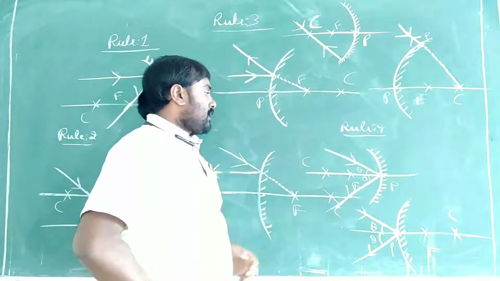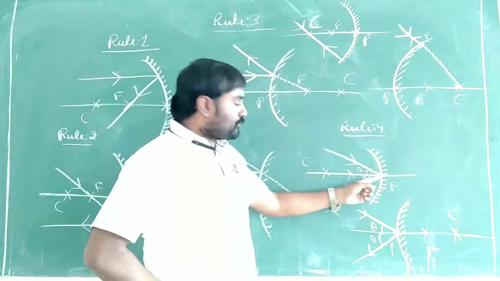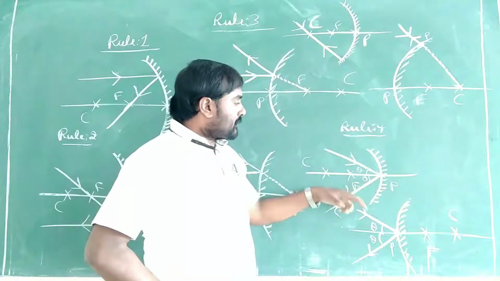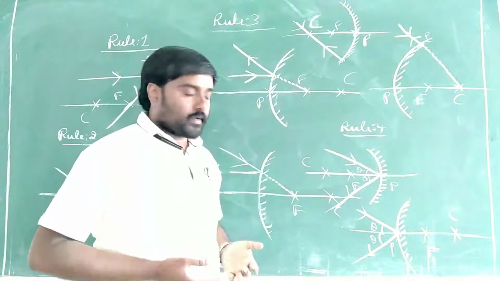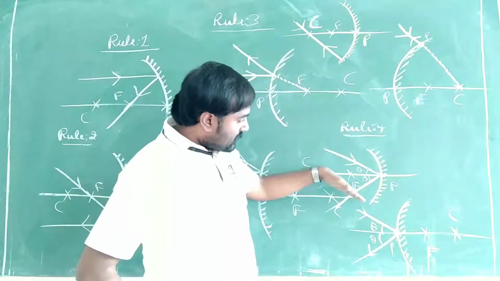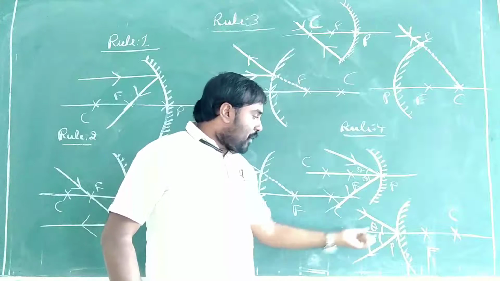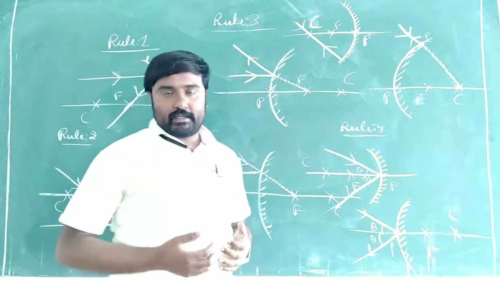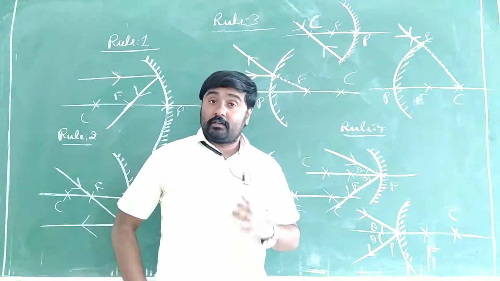So the last one: whenever the ray of light is incident obliquely at the pole, after reflection, the ray bounces back obliquely. It obeys the second law of reflection of light.